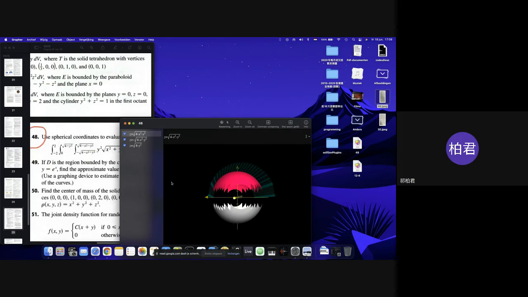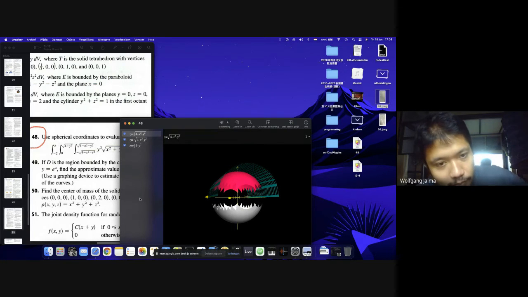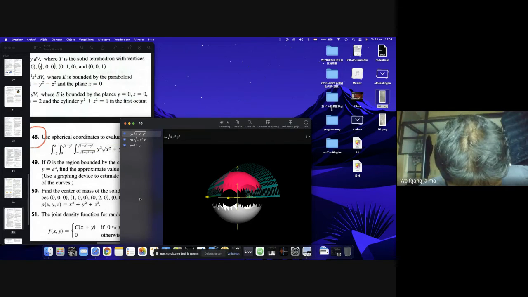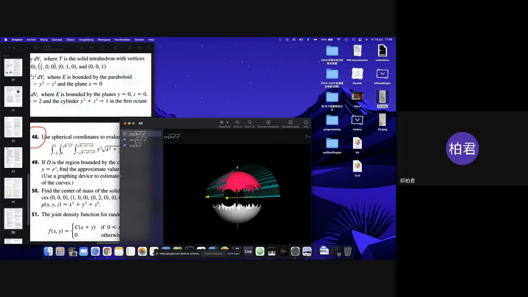Yeah, but how do I transform these XYZ coordinates into rho theta phi coordinates with these numbers? Because I input the parameters of the boundaries here to the grapher.